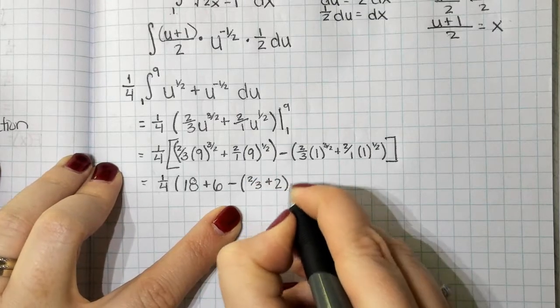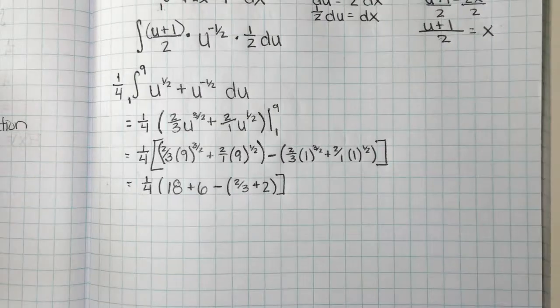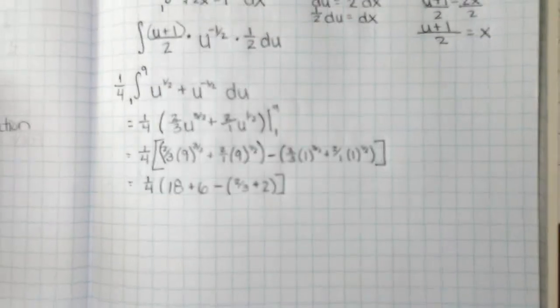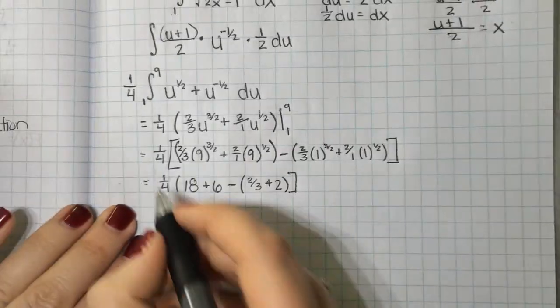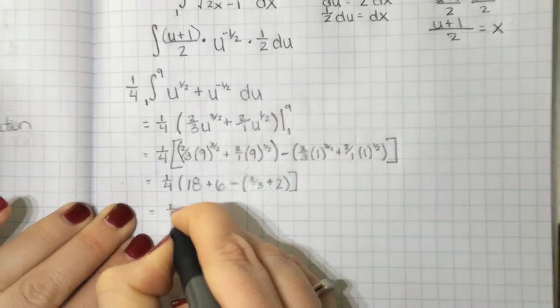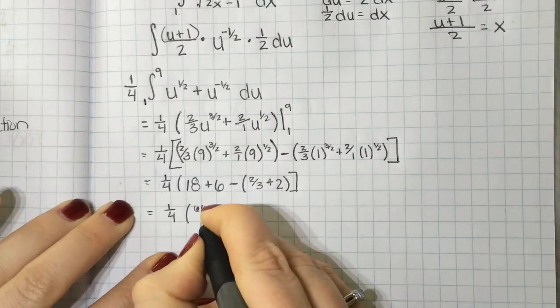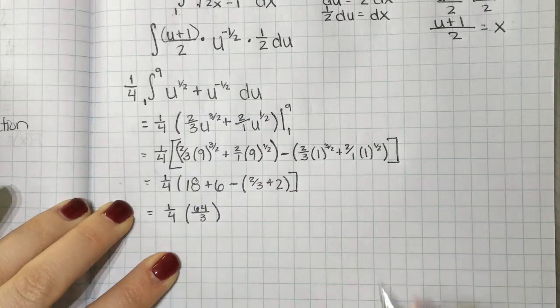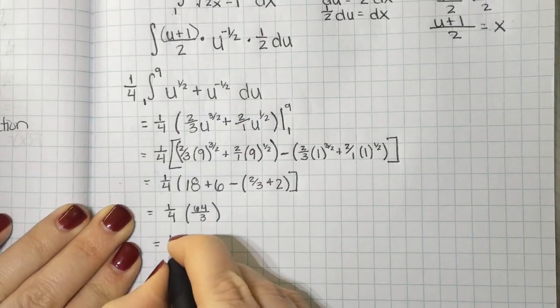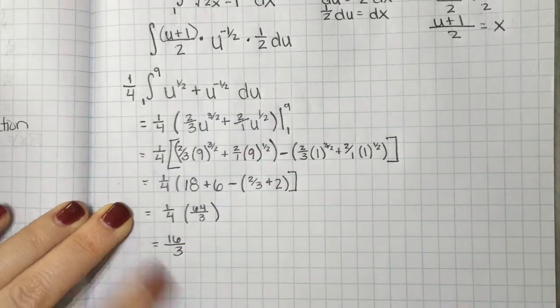The ones are easy. And then as you go through and simplify that, you guys will get a final answer. This is 1 over 4 times 64 over 3, and then that simplifies to 16 over 3. That would be the final answer.